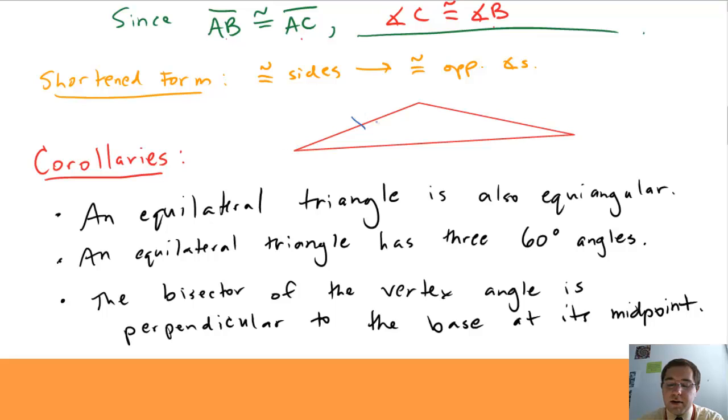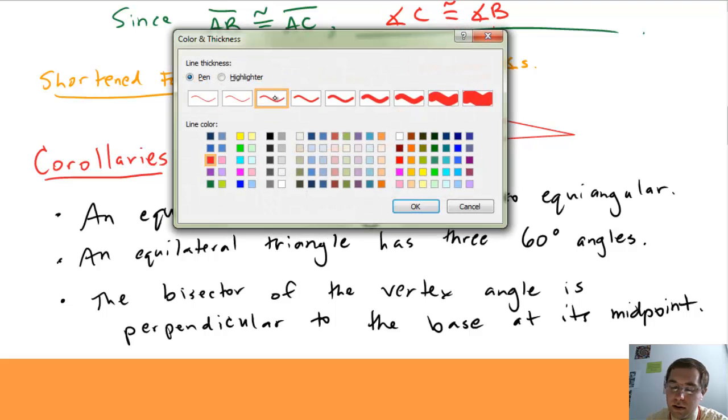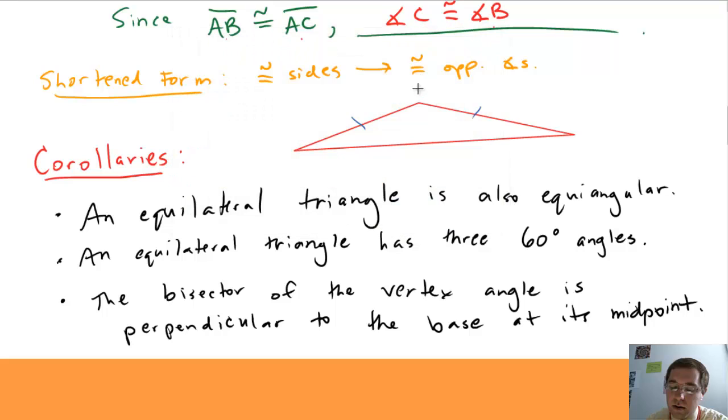Okay, I'm going to claim that's isosceles with those equal to each other. So the vertex angle is up here. The bisector of that will be a segment or a ray that goes halfway through that angle. It divides it into two congruent pieces.